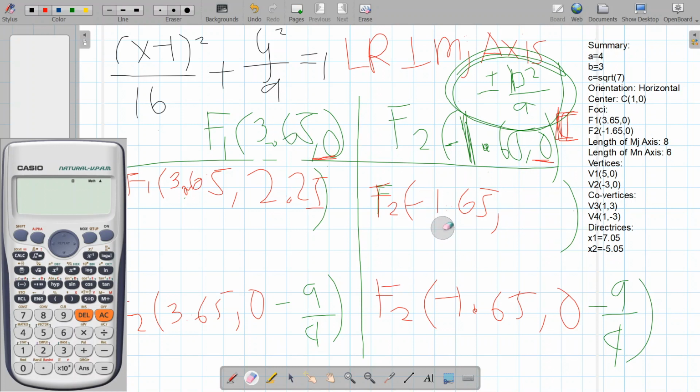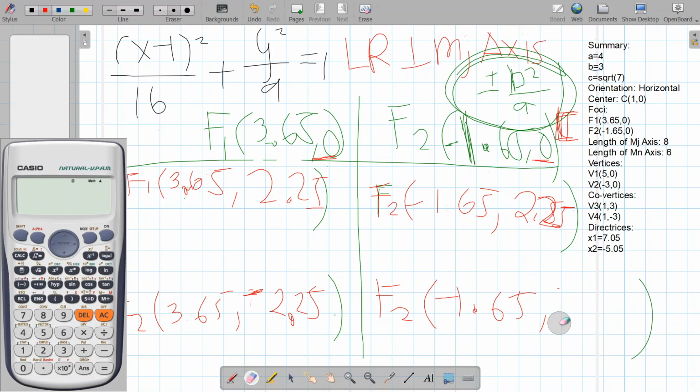In reality, if you solve one, you also solve the other, so for the second focus it is also 2.25. How about the minus part? It's minus 9 over 4, so it's negative 2.25, and for the second focus it is also negative 2.25.